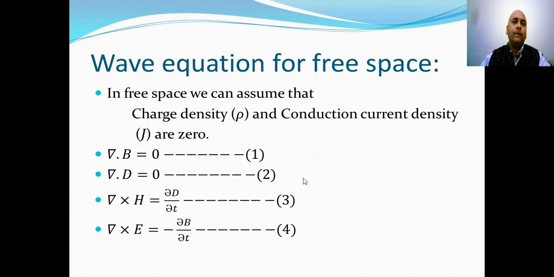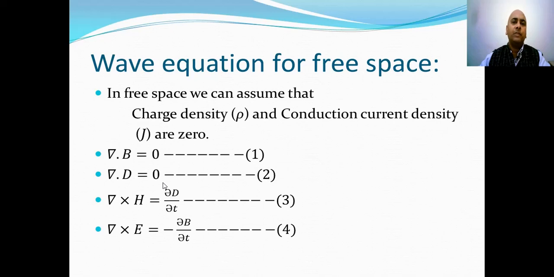By using Gauss's law in electrostatics, we know that divergence of D is equal to rho, where D is the displacement density, which is epsilon naught into electric field.